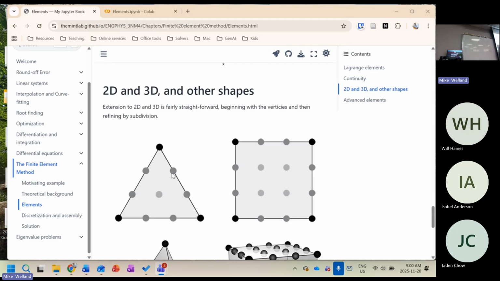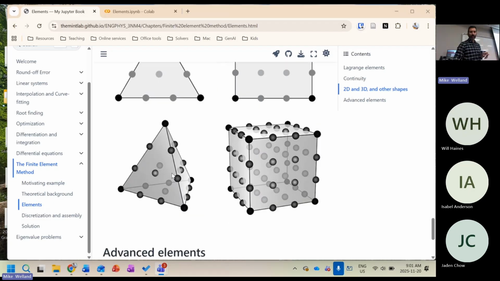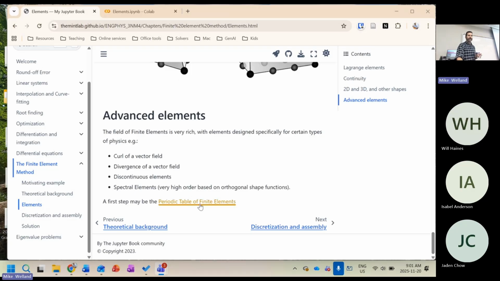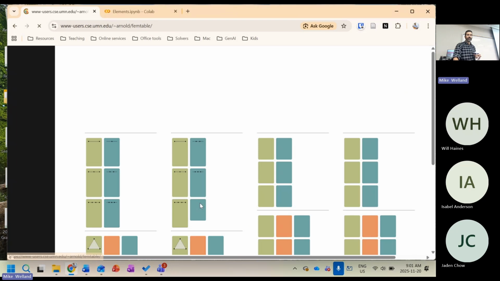If you're going to subdivide that, you're going to increase the element order. I think you would have to go there, there, there, and then the next one after that would be this guy, where you have 2 on the side, 1 in the middle. If you want to do quads, they're there. 3-dimensional equivalent. And if you want to get real nasty, you go to the periodic table of finite elements.